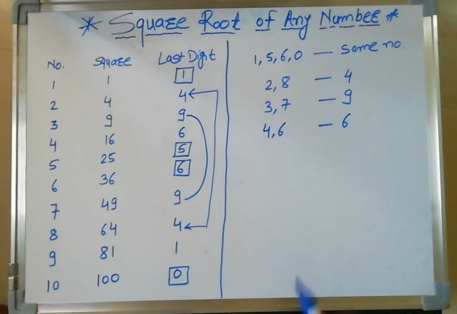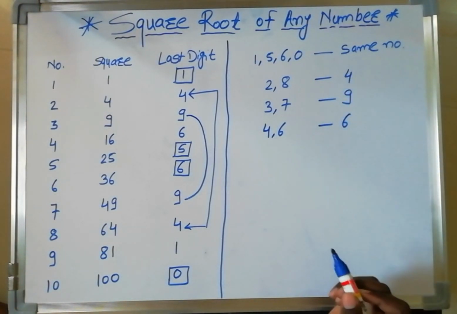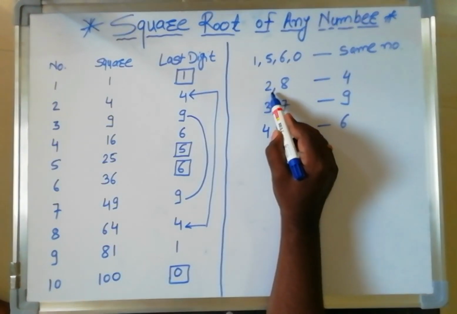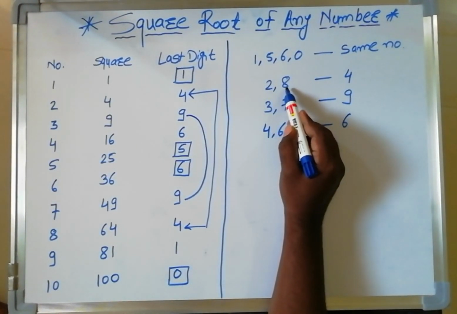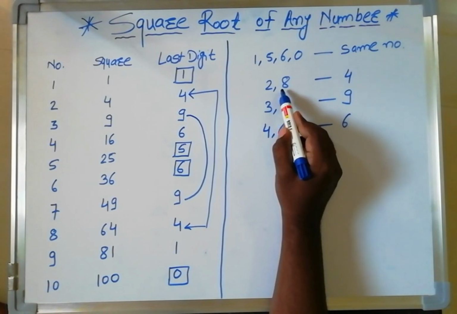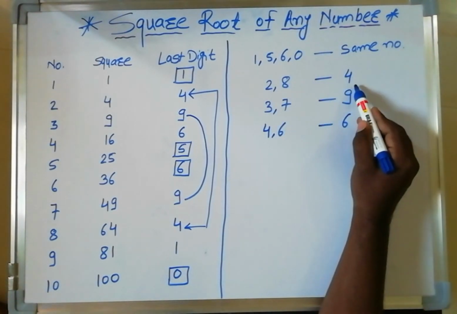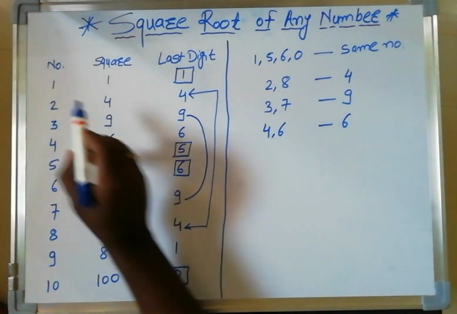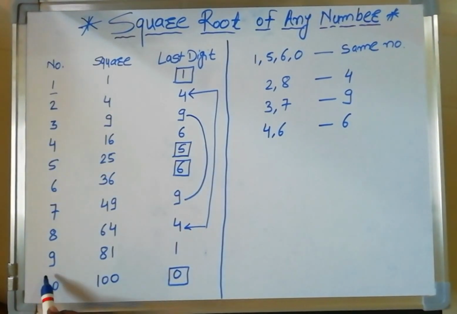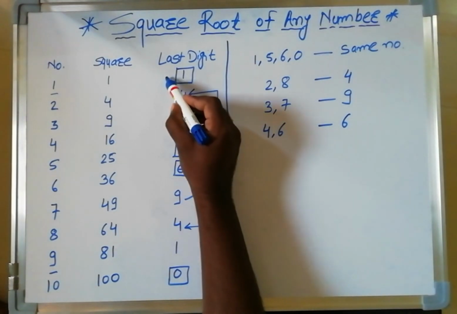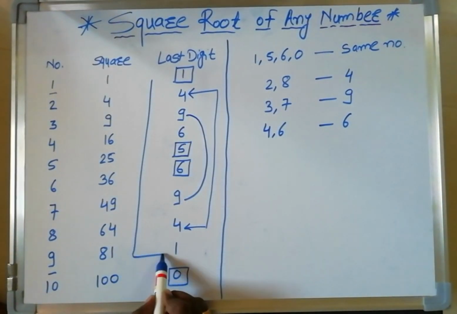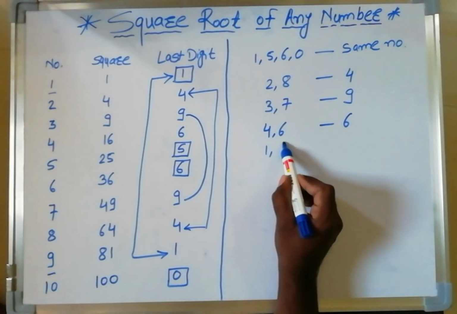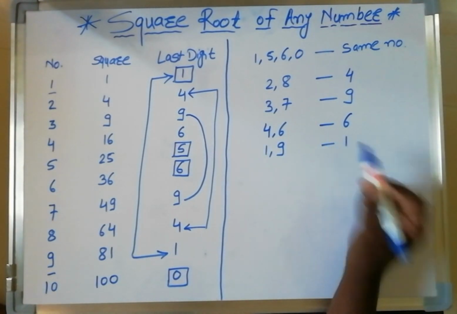Now with this we can say that a number having 2 or 8 as the last digit has a square ending in 4. Similarly 1 and 9 as last digits give a square ending in 1.